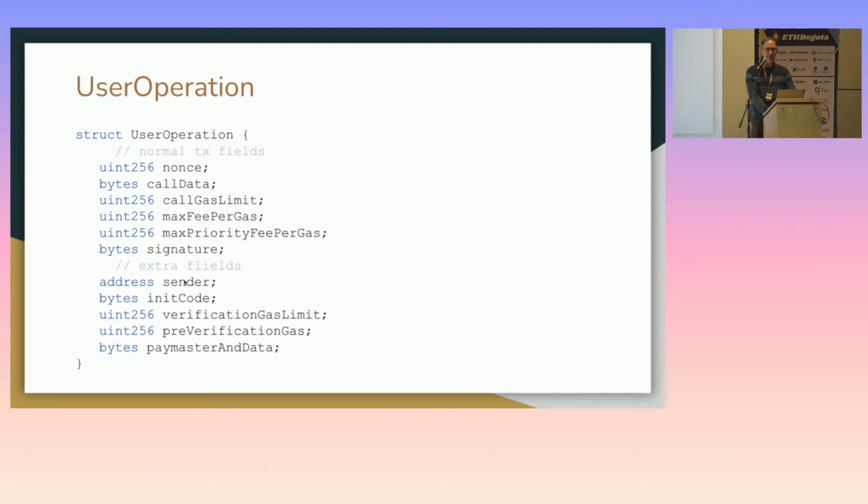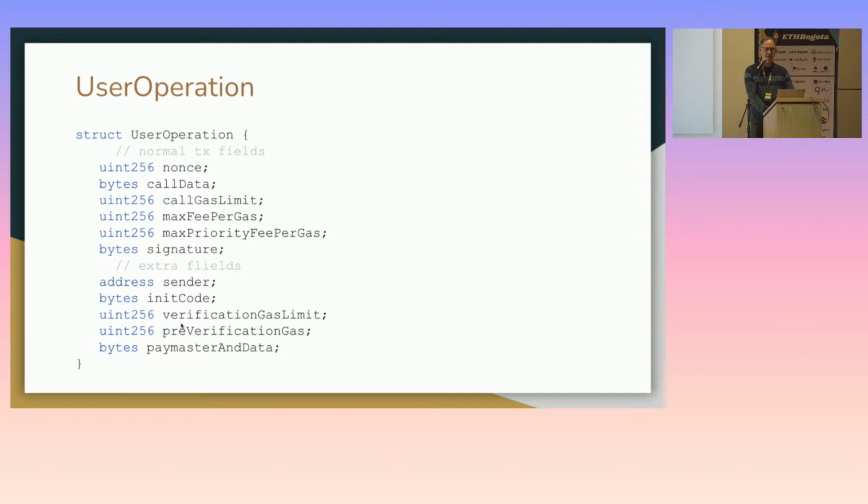We put the sender. Since we can't assume this signature is ECDSA, from which you can recover the address of the sender from the signature, we have to specify the sender address. Specifically, if the wallet is not yet deployed, we have the init code, which is the code that is used to create this wallet. And we have several extra gas fields that we have to add.